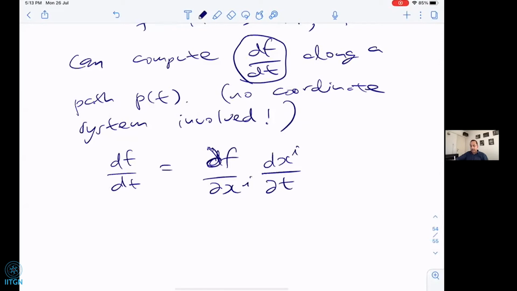The function I evaluate in my coordinate system, so I get this coordinate dependent quantity for the gradient, and then I evaluate the velocity in my coordinate system and I get this for the velocity. But notice that this depends on coordinate system. And this also depends on coordinate system.